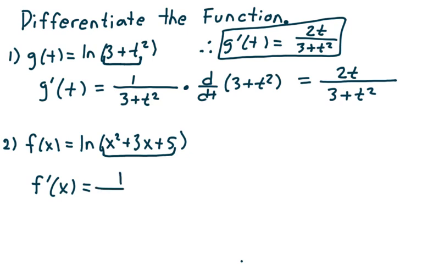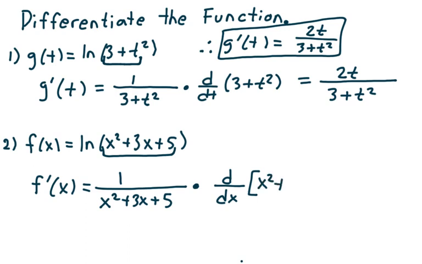So I'm going to take 1 divided by x squared plus 3x plus 5. And I'm going to multiply by the derivative of the inside function with respect to x. So in other words, I'm going to multiply by the derivative of x squared plus 3x plus 5 with respect to x.